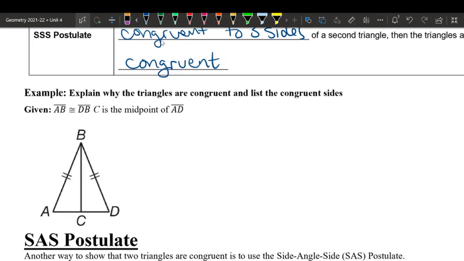So here I have the given part, that side AB is congruent to DB, and it's marked with two lines. Okay, so I'm going to write that. AB is congruent to DB.